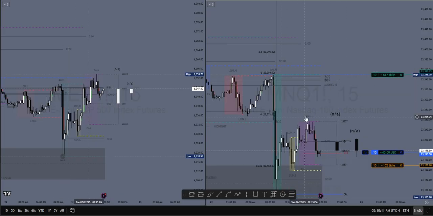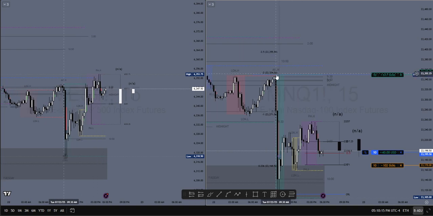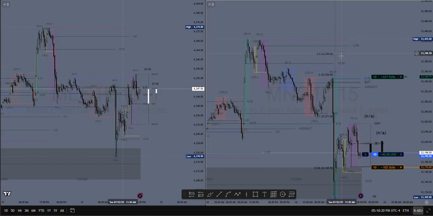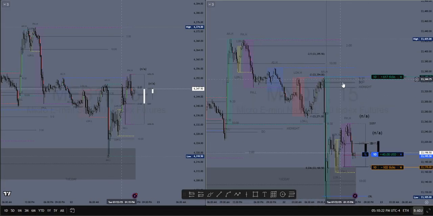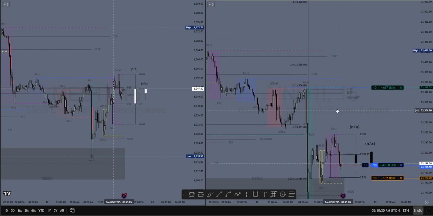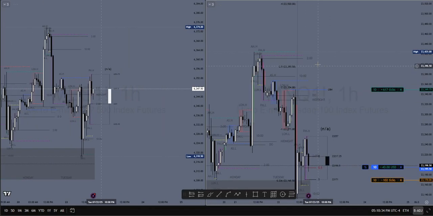Now that I have standard deviation, I realized that the -2 is lined up with this. So I would know that this is supported. This is a high probable area where price would actually end up going towards. Plus, we also have our PD arrays resting above here.